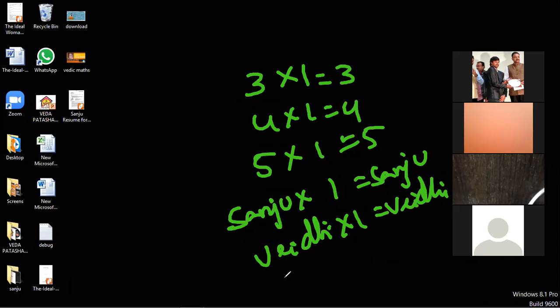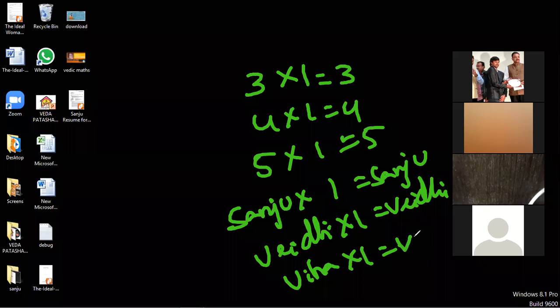Whatever we multiply with 1, we get the same. Understood, Vidya and Viha?